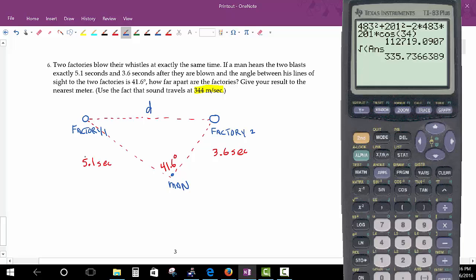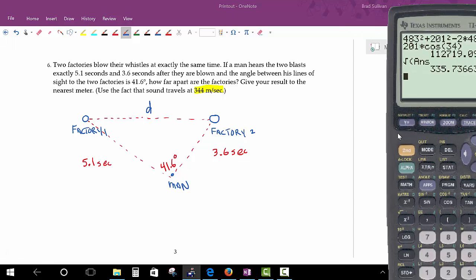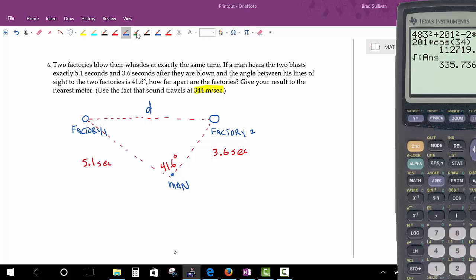Now, you have to use this information to find the sides of the triangle. If we wanted to find the distance from this factory to the man, we know that distance equals rate times time. The rate is the speed of sound, 344 meters per second, multiplied by 5.1 seconds.